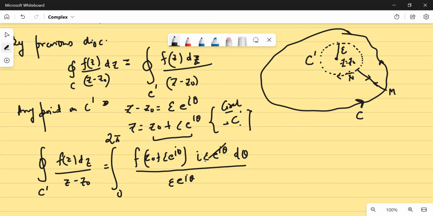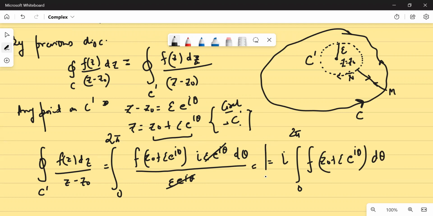So epsilon e to the power iota theta gets cancelled. This will remain as iota integral 0 to 2 pi of f of z naught plus epsilon e to the power iota theta d theta. And you should understand I'm doing this in the limiting case epsilon tends to 0.